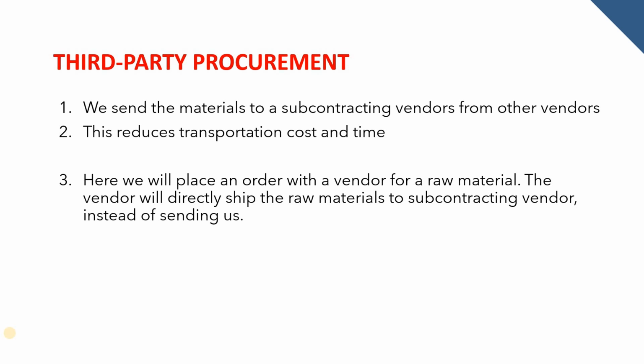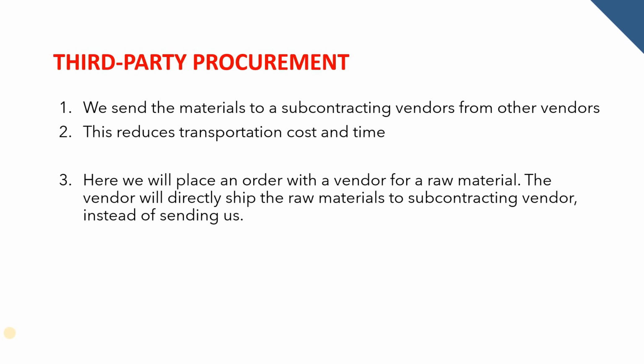So we send the materials to subcontracting vendors from other vendors. For example, suppose we have to send the material to the subcontracting vendor and we don't have the material right now with us. So what we can do is directly tell a vendor which has this material to send it directly to the subcontracting vendor instead of sending it to us, because it will be time consuming and it will reduce the cost also.